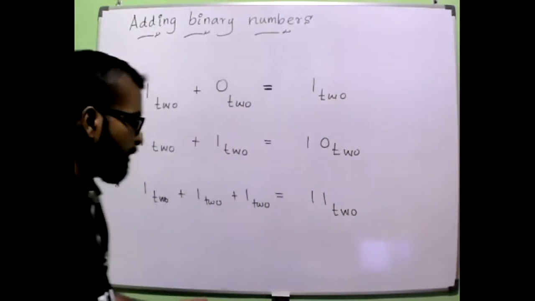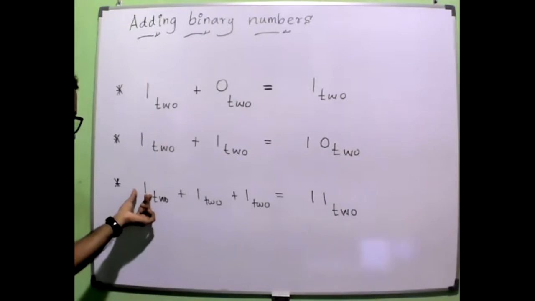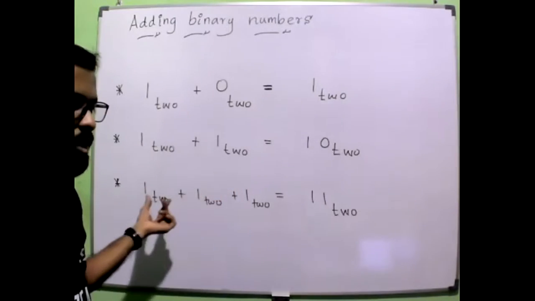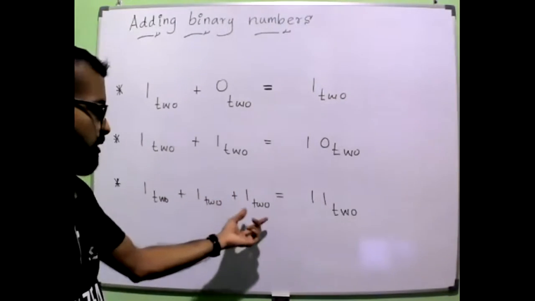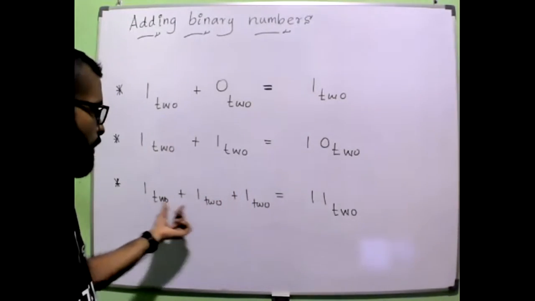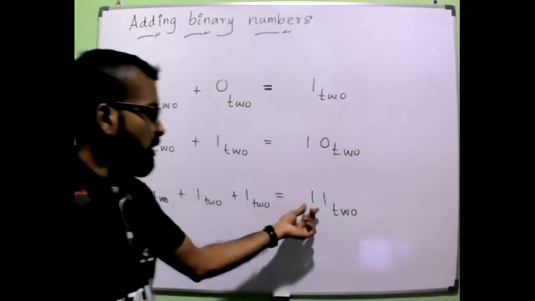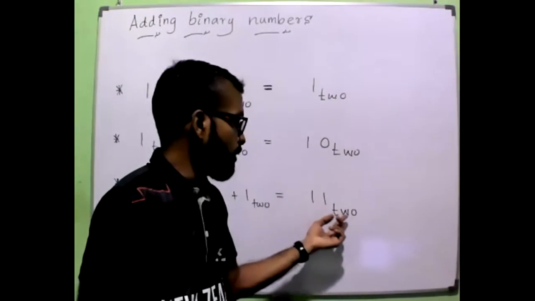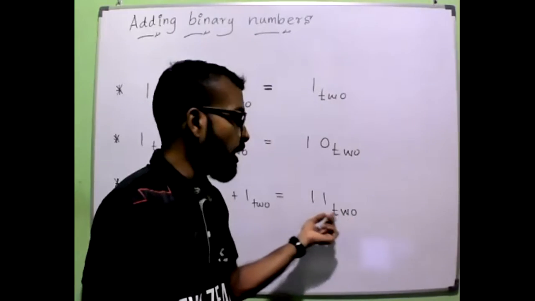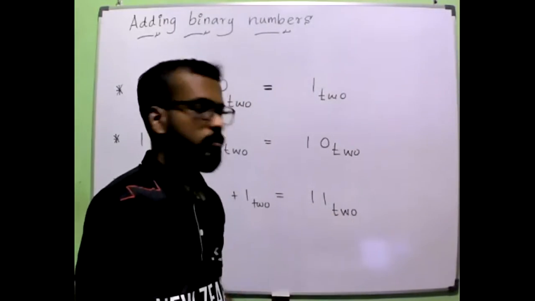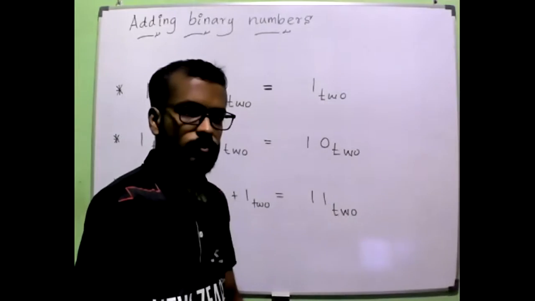If you have to add three ones together in binary numbers, in base 2, the answer is not 11 because the base is 2. This is a binary number. The answer is 1 1 base 2.